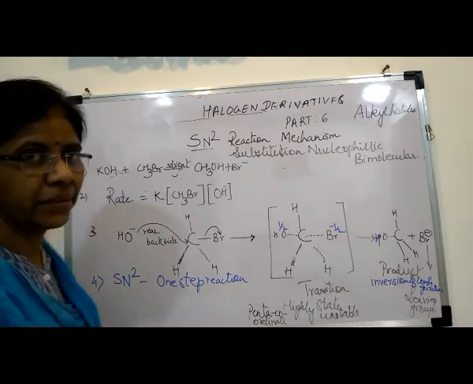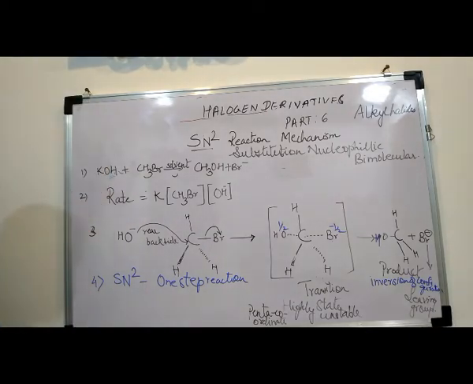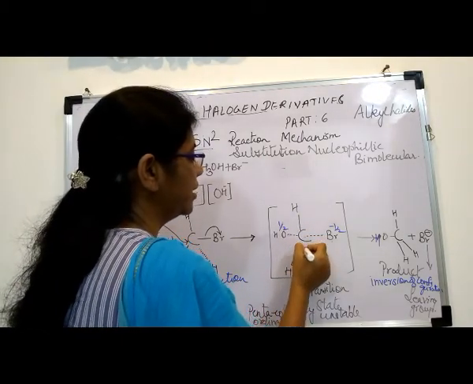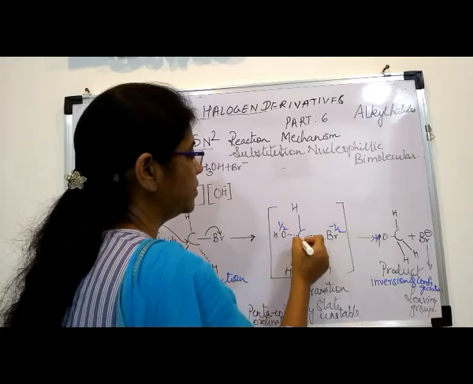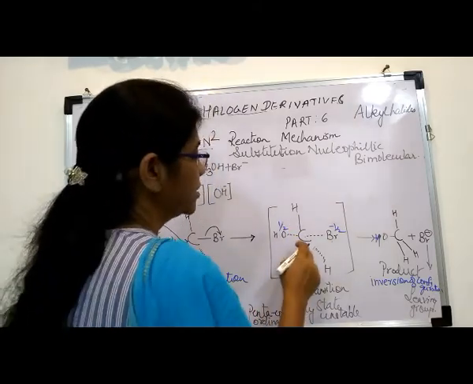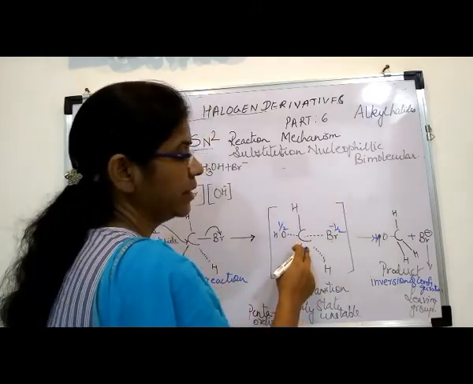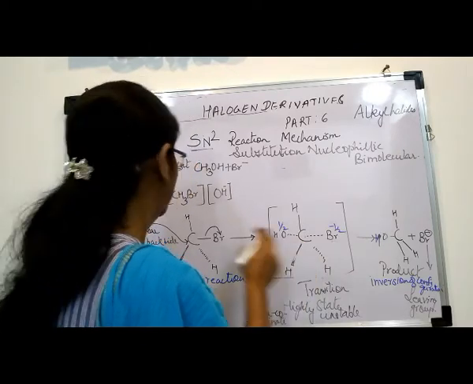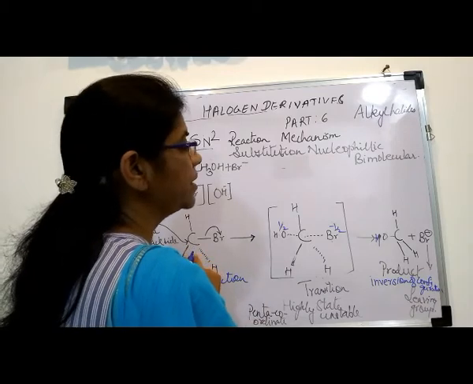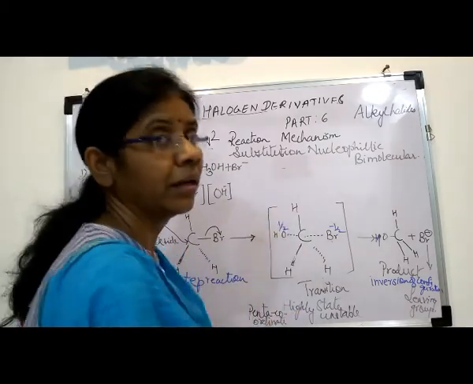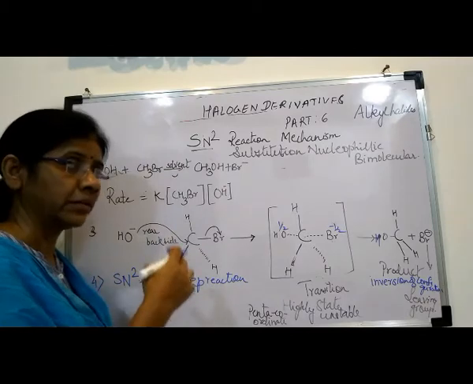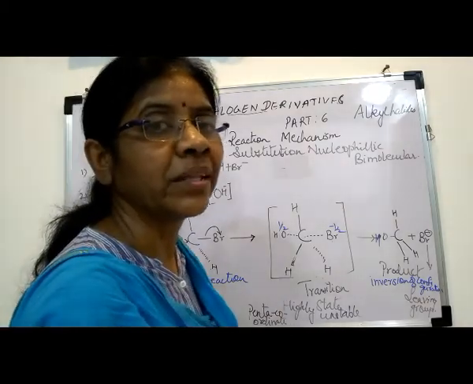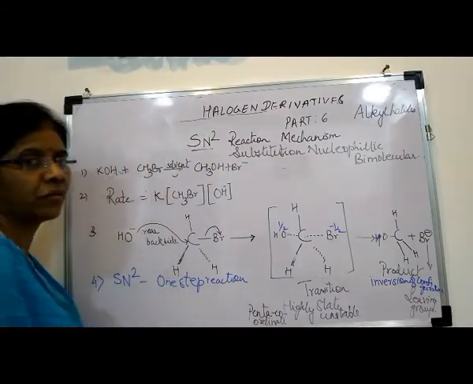Single step. Got this? In this case, the bond angle between CH and OH or CHH will be 120. This carbon in this case is sp2 hybridized. Here it is sp3 hybridized. Okay, so many changes you have to keep in mind. And the product will be formed with 100% inversion of configuration.